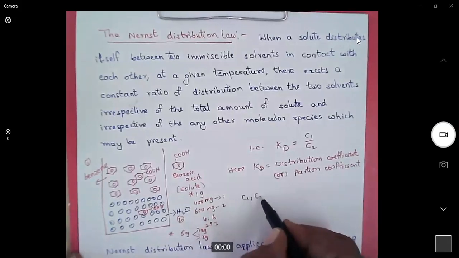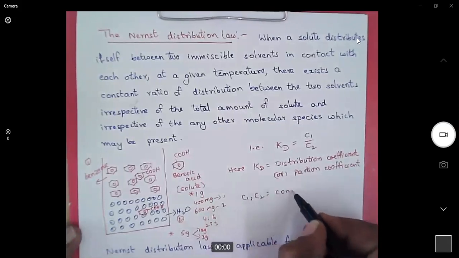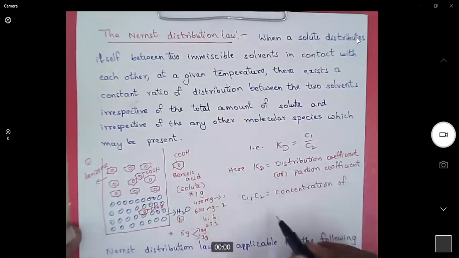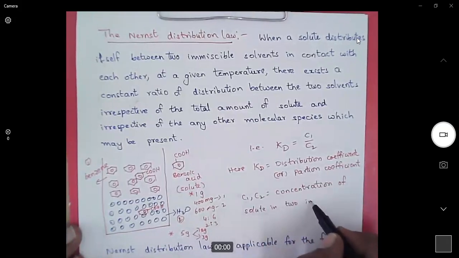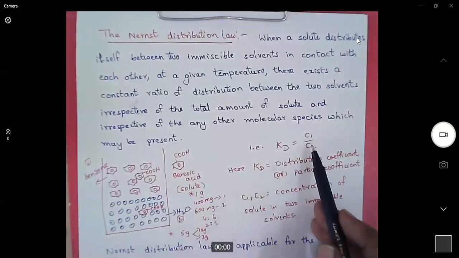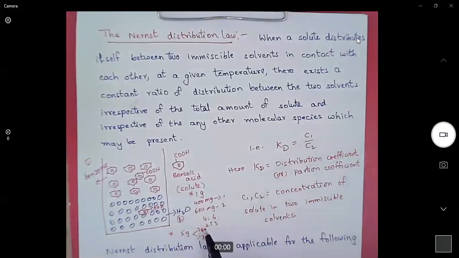C1 and C2 are the concentrations of solute in the two immiscible liquids, which we call solvents. So the distribution coefficient is always a constant. In this case, it is 2/3. When we add 1 gram or 2 grams, it doesn't matter. The distribution coefficient is always a constant value.